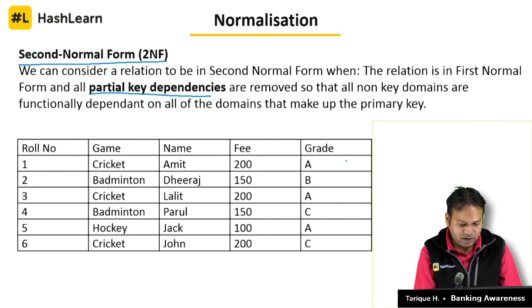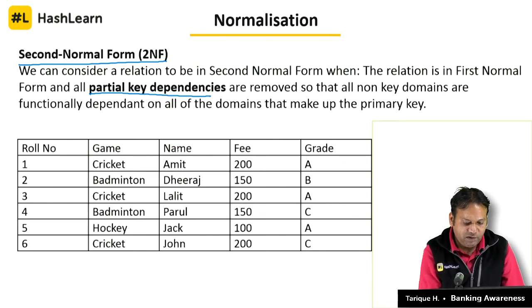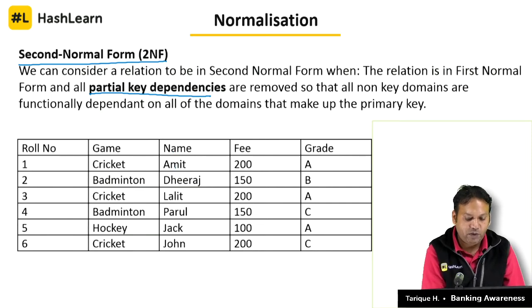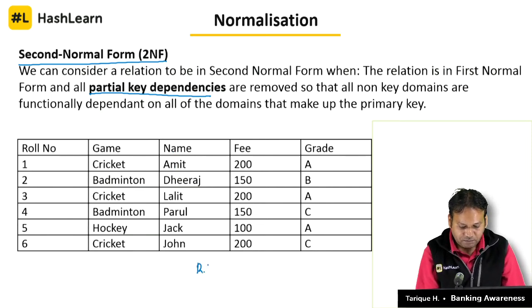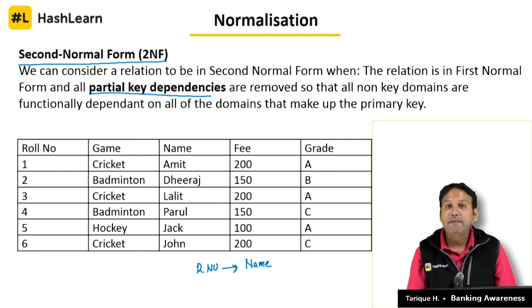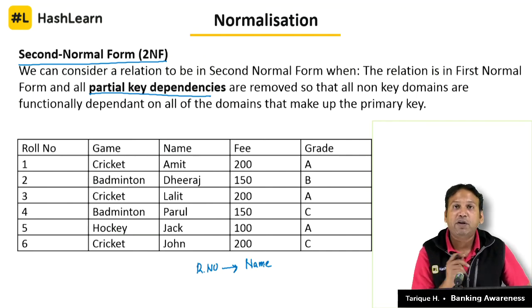Clear? And so now you see here, the name of the person is dependent on roll number. So I can say that roll number defines the name of the person. Clear? So name of the person is completely dependent on the roll number.